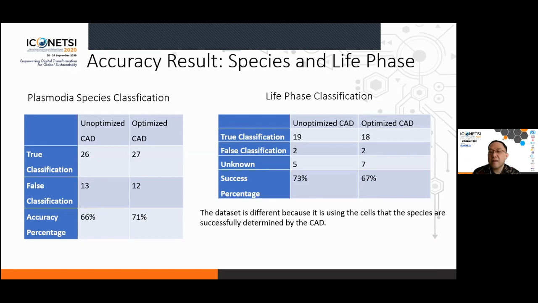But on the life phase classification, it is actually a little bit reduced. But the reduction is also caused by the amount of data set that is different, because the optimized computer-aided diagnostic is able to analyze more images without crashing.